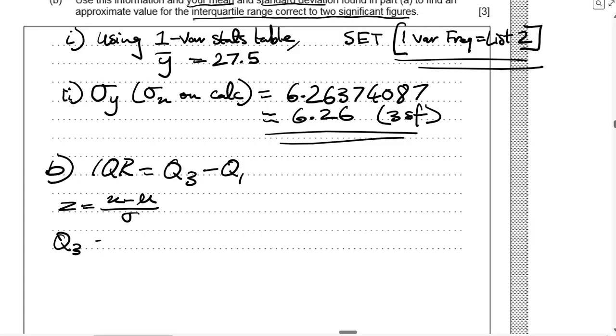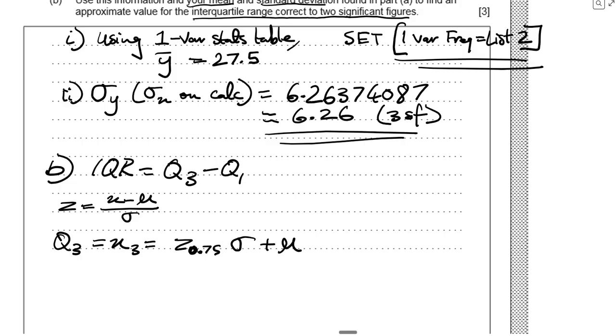Q3 is x, or let's say x 0.75, or x3, is equal to our z score 0.75, times our standard deviation, plus mu, right?